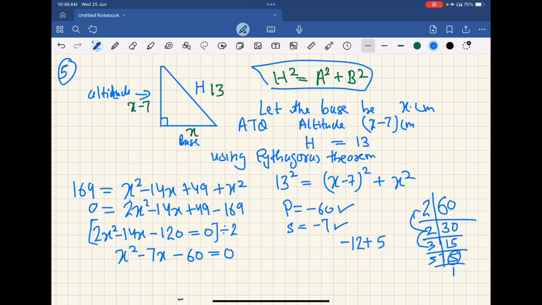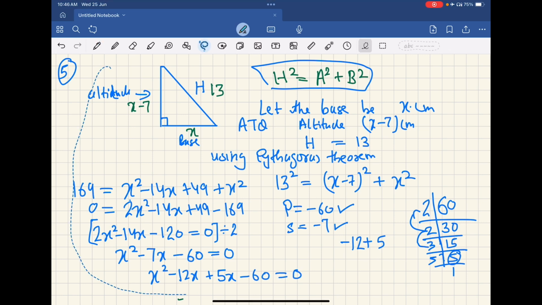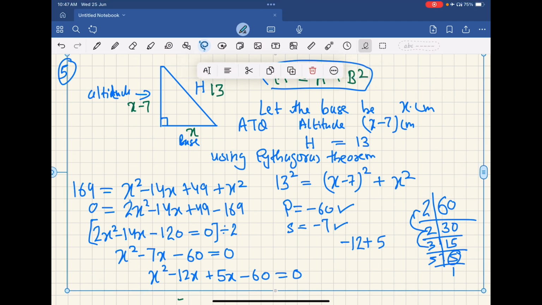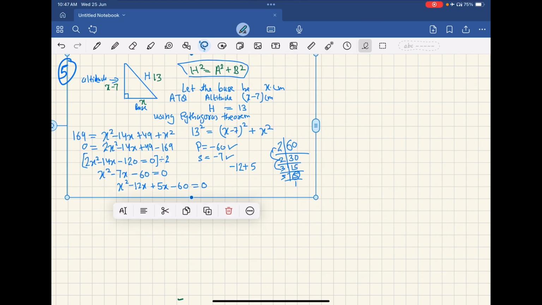So now what we will do, we will write this down as x square minus of 12x plus of 5x minus 60, which is equal to 0. And now we will simply do the last step, and I need some space, so I will quickly do this.